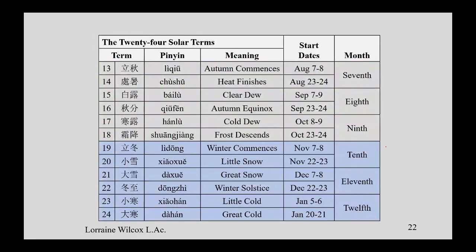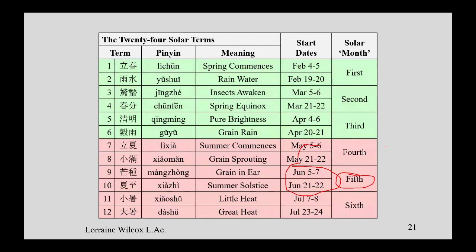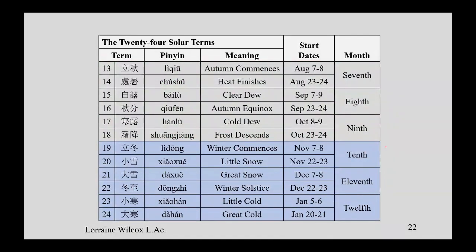And so on this slide we have spring and summer, the 24 Jieqi, and on this slide the autumn and winter. Again, the start date will vary within a day because there's a little bit of wobble in the calendar, but there's a very exact borderline, and it's not depending on the moon.